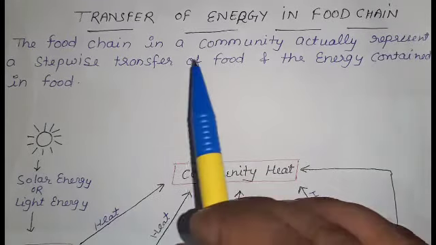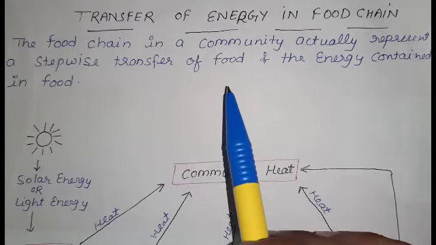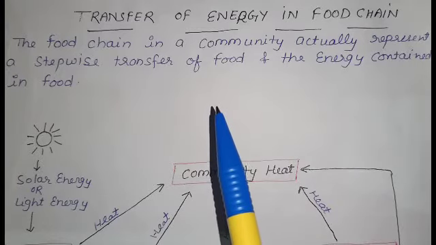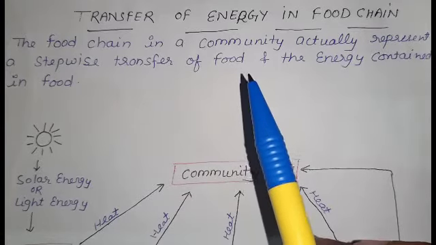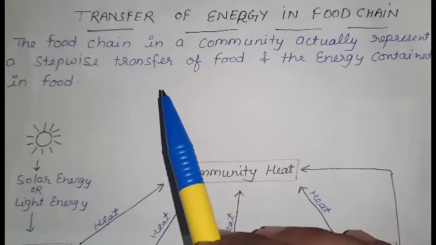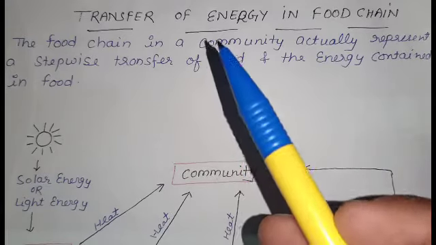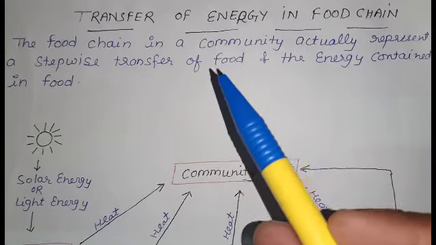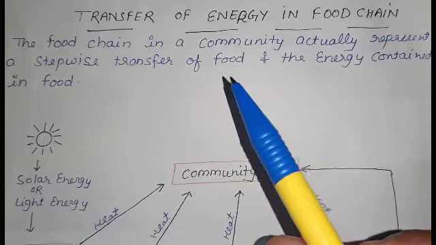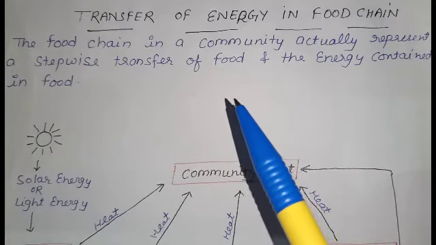The food chain actually represents a stepwise transfer of food and the energy contained in food. The food and energy enter the living component of the ecosystem through the process of photosynthesis. This is because photosynthesis is a process which combines substances like carbon dioxide, water, and sunlight energy to form food like carbohydrate, and converts light energy of the sun into the chemical energy of carbohydrate.